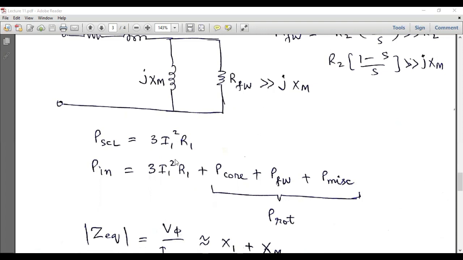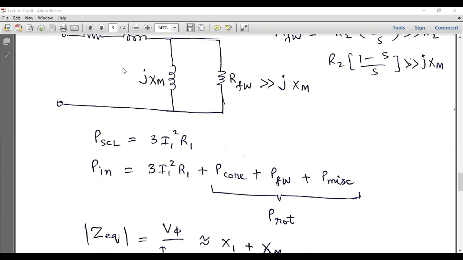I will discuss the second test, in which I will show you how to calculate this stator resistance of the induction motor. When we have this stator resistance, and we can easily measure this I1 by putting an ammeter over here, we can calculate the stator copper loss independently.